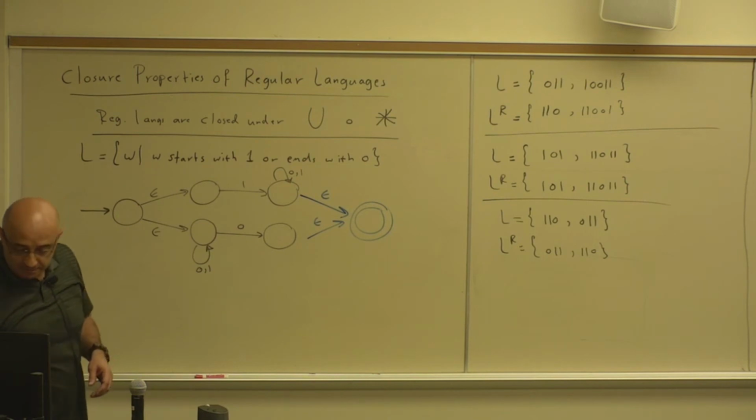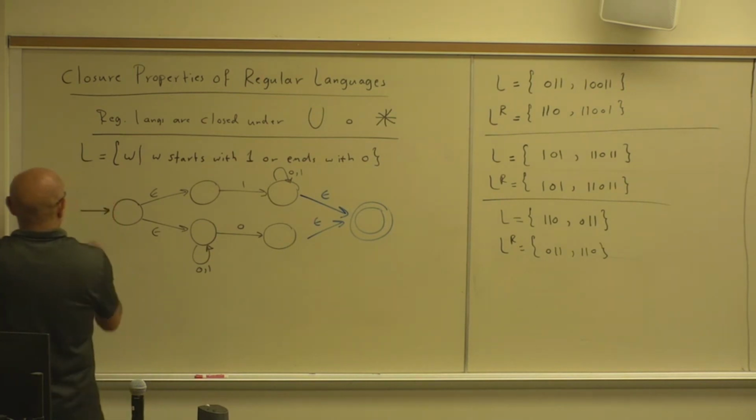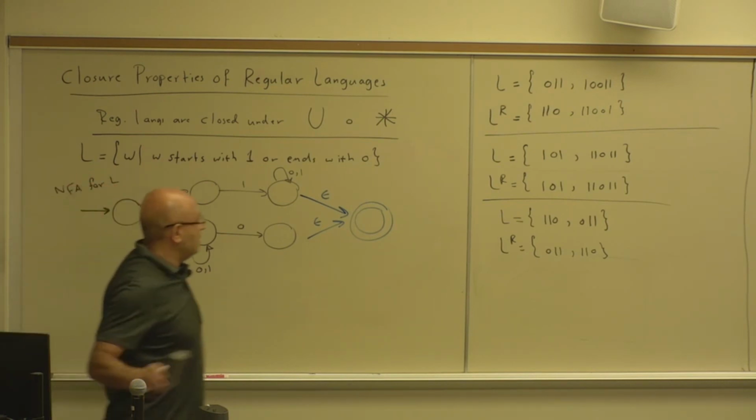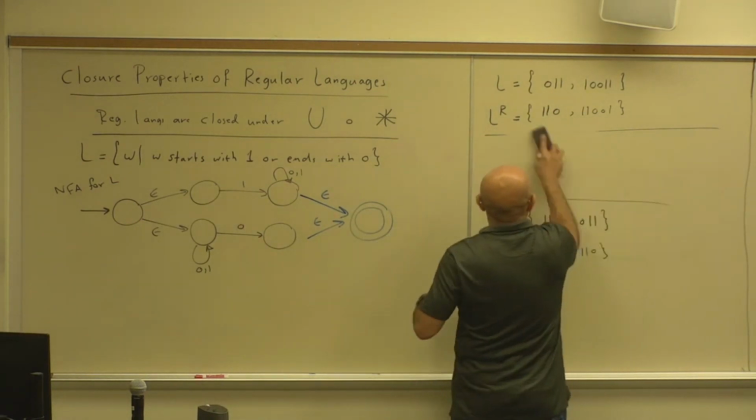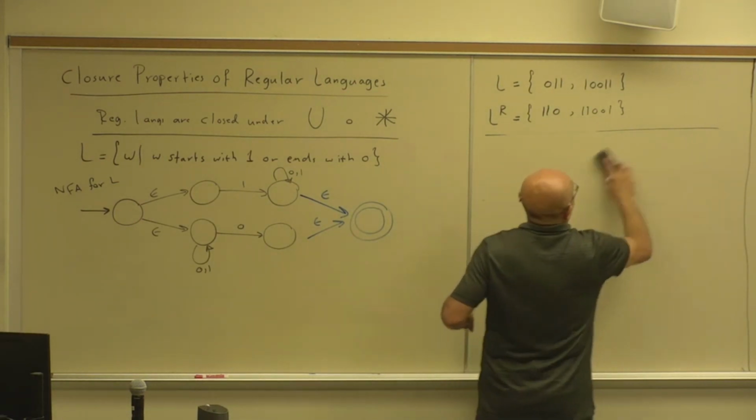Right? So this is the NFA for L. And the NFA for L reversed can be constructed in a straightforward manner.